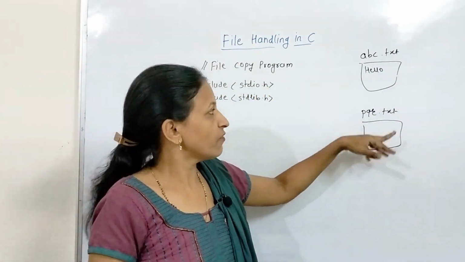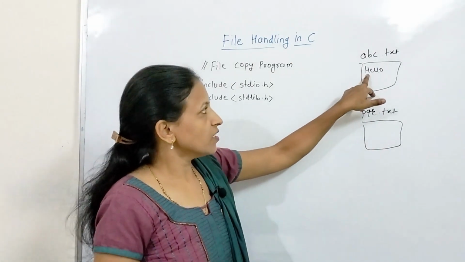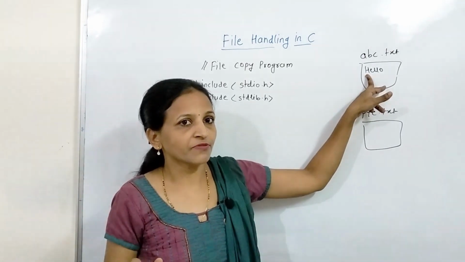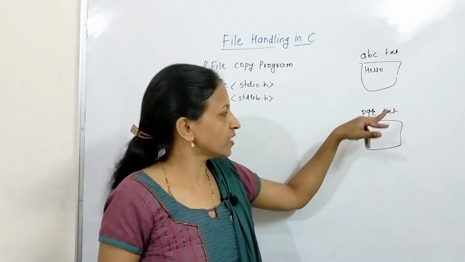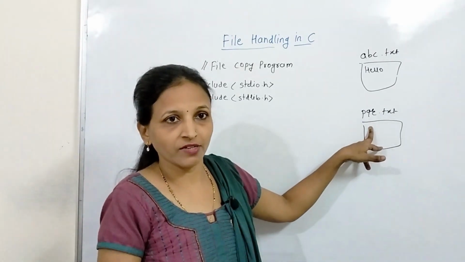I want to copy one file into the other. How can we do this? We can read a character from the file using the fgetc function, and write the same character into the other file using the fputc function.